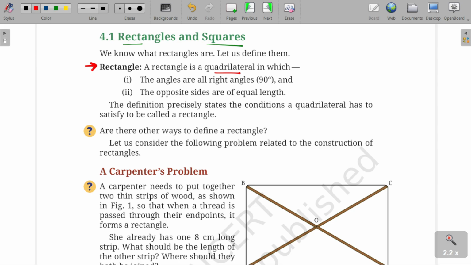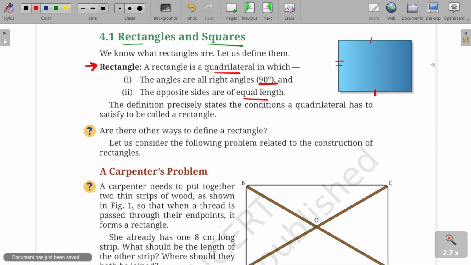A rectangle is a kind of quadrilateral in which all angles are 90 degrees and opposite sides are of equal length. It is a rectangle and it has four sides, and the opposite sides are of equal length. Opposite sides are of equal length and all the angles are of 90 degrees.